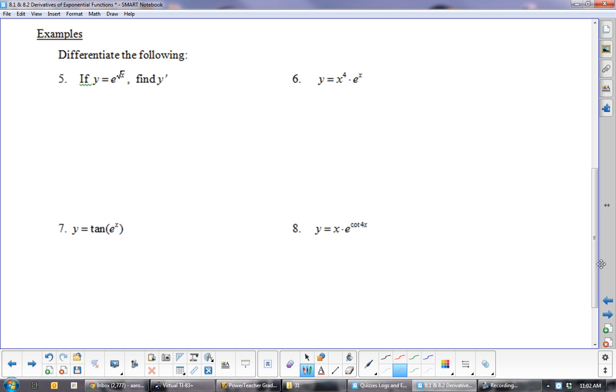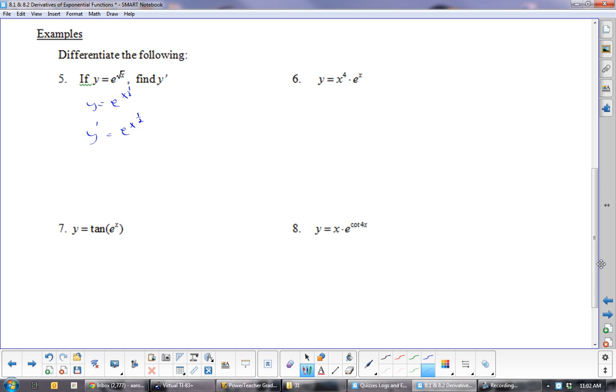So maybe let's rewrite this as y equals e to the x to the 1/2. So the derivative of it will be y prime equals e to the x to the 1/2, so that will stay the same.